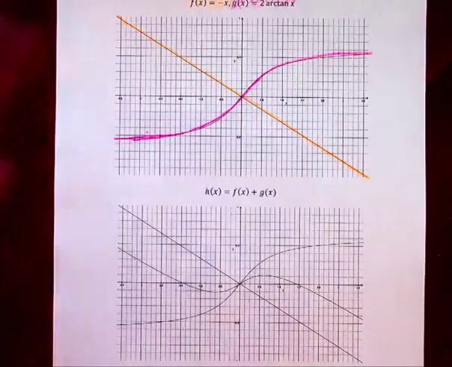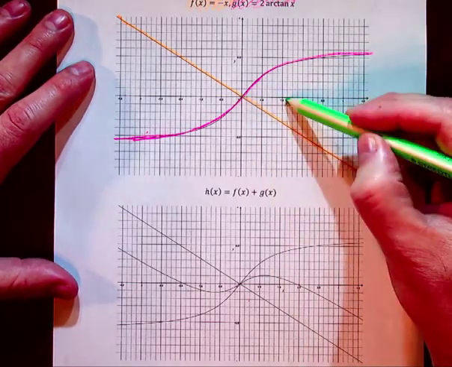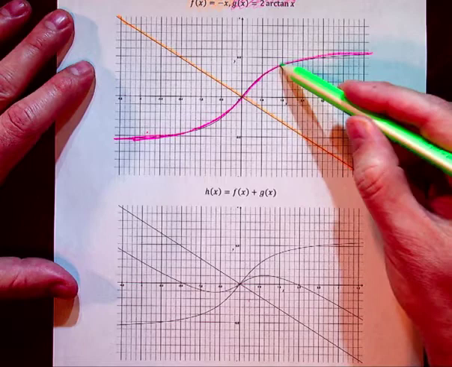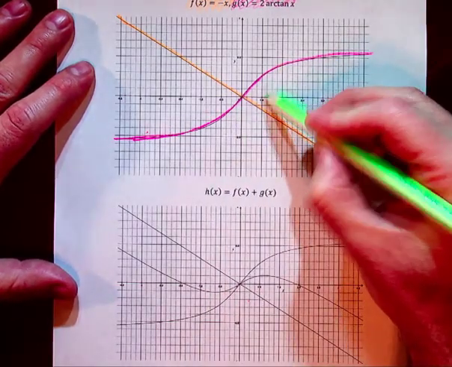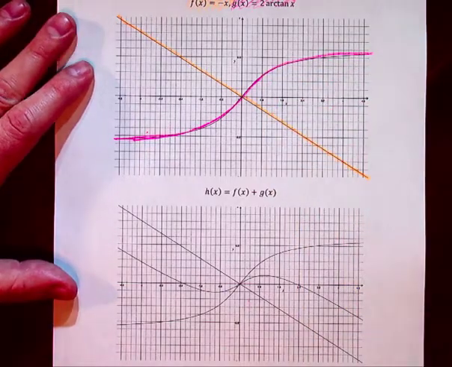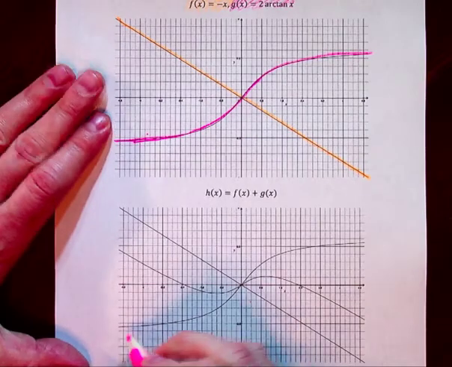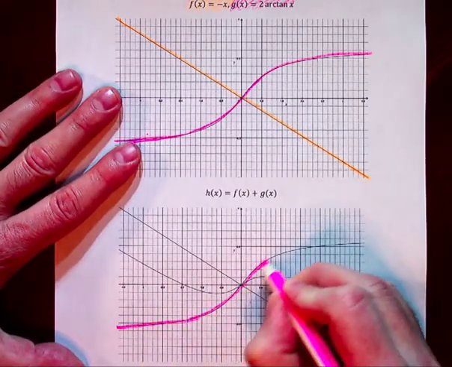Now remember that when I'm doing a sum function, when I'm doing any combination function, what am I combining? Well, I'm combining the outputs, okay? So at any particular value, I'm adding the outputs together. So if I go over here to 1, I'm taking this output and adding them together. Now, I went ahead and redid it down here with h of x, and h of x is actually shown right here.